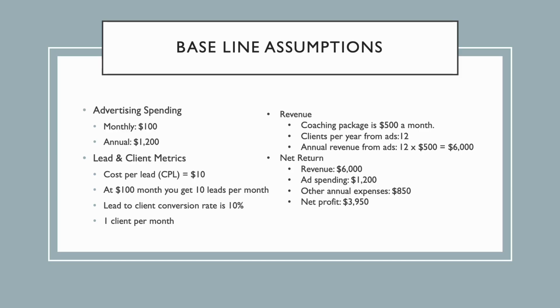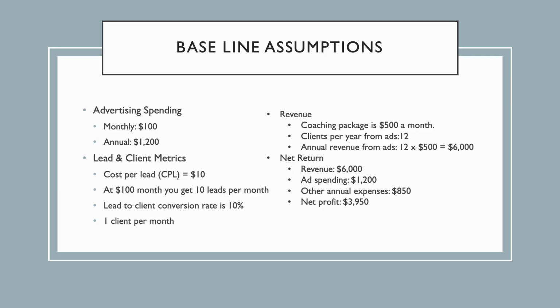Lovingly Guided is exploring adding advertising into the new budget, starting with $100 per month, which will come out to be $1,200 annually. The cost per lead, also known as CPL, is found by the total marketing cost divided by the total number of leads. This varies widely for coaching businesses.